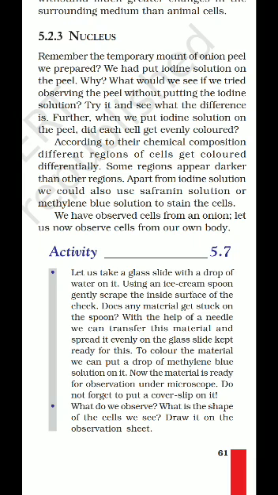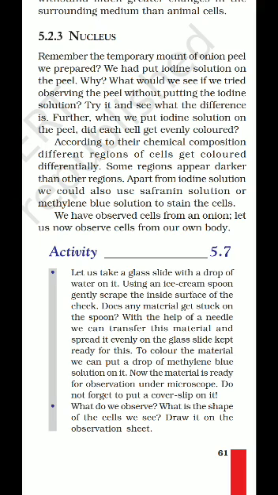Children, whenever we prepare a mounting slide of any cell, we put some coloring agent, called a staining agent. Our cell has different components made up of different materials: carbohydrate, protein and lipid. These different materials give different colors with the staining agent.